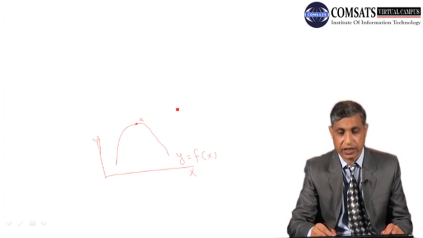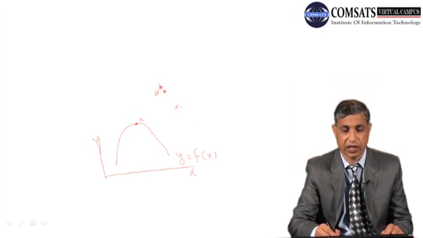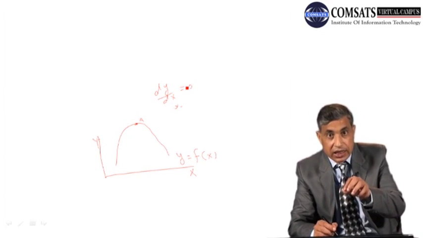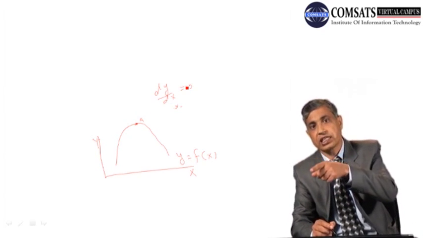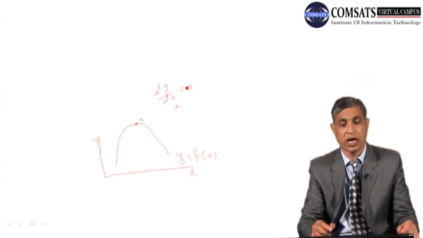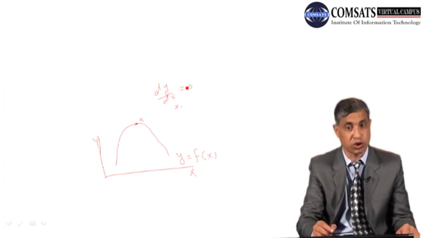So at point A, the first derivative dy over dx should be equal to 0. What this means is that at this point the function is constant. It is not changing. If you see, after reaching the maximum, it starts a downward slope. So the first derivative at point A should be equal to 0.